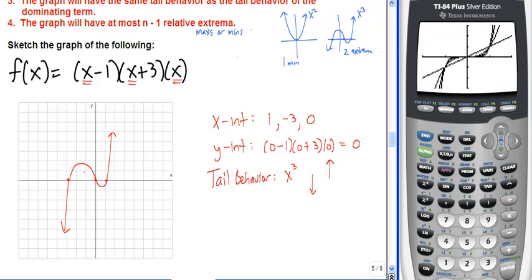So I have one max and one min, so that's two extrema for my cubic function. If you wanted to be more specific, you could always plot more points. You could try to locate the exact position of this max or this min, but really all I'm looking for is the basic sketch of the shape. You don't need to get too specific about plotting points.